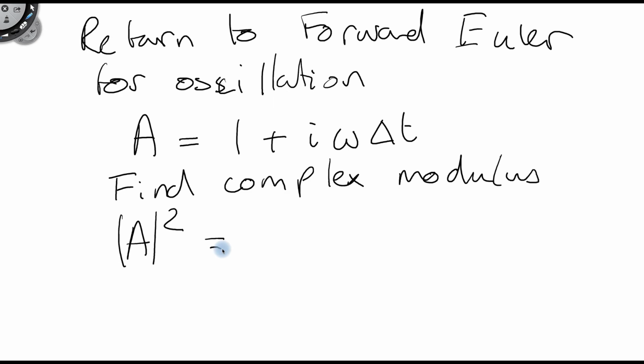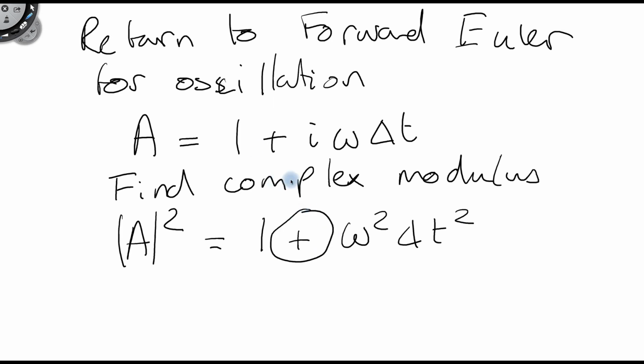Okay, so the answer to this is we just use Pythagoras. We do 1 plus omega squared delta t squared. And just to re-emphasize, it's a plus here, right? Not a minus. You don't square the i.